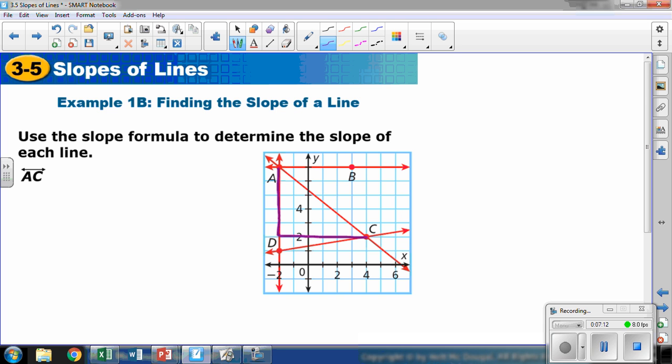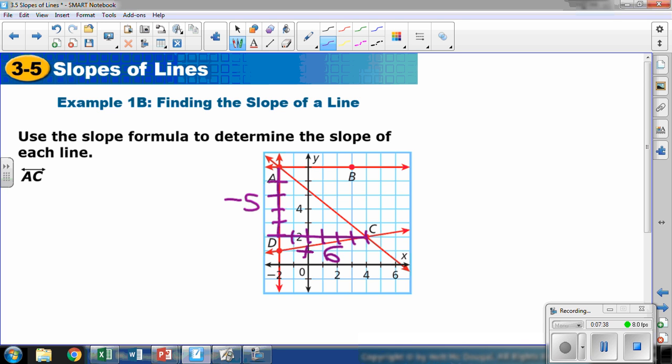Now, because this is graphed, let's just do the quick count, rise over run. 1, 2, 3, 4, 5. Now I do want to emphasize that this is going down 5 from the left to the right. It's saying down 5. And now counting to the right, 1, 2, 3, 4, 5, 6.